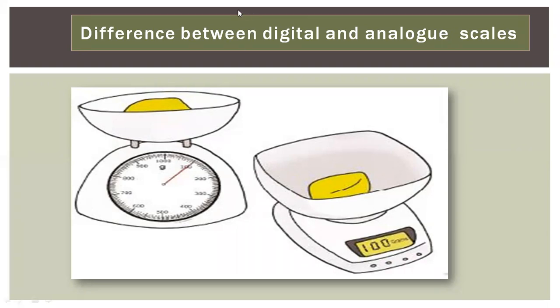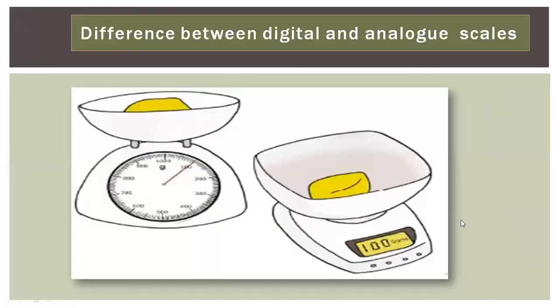So likewise, we had a scale that is analog. Why is it called analog? Because it uses a handle, a needle, to describe how much weight is put on. So here you can see that the handle is on 100 gram.